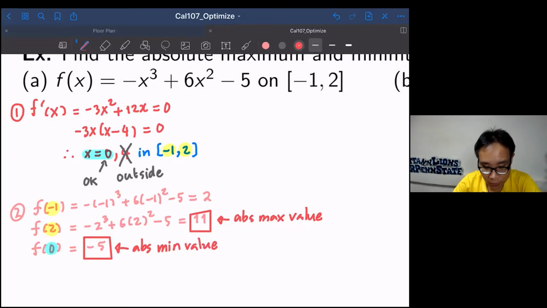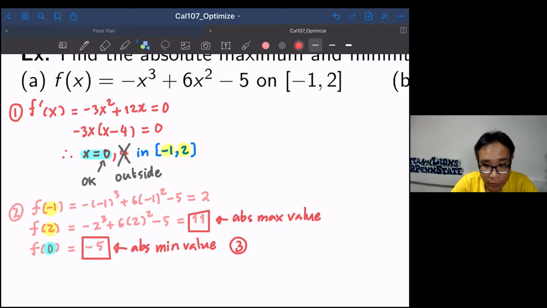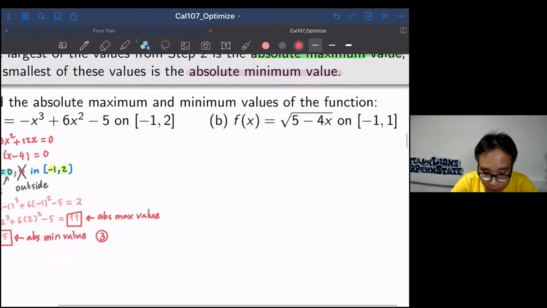This is what you have for absolute max and absolute min, and it turns out to be your third step: you compare the values that you have and get the absolute max and absolute min.